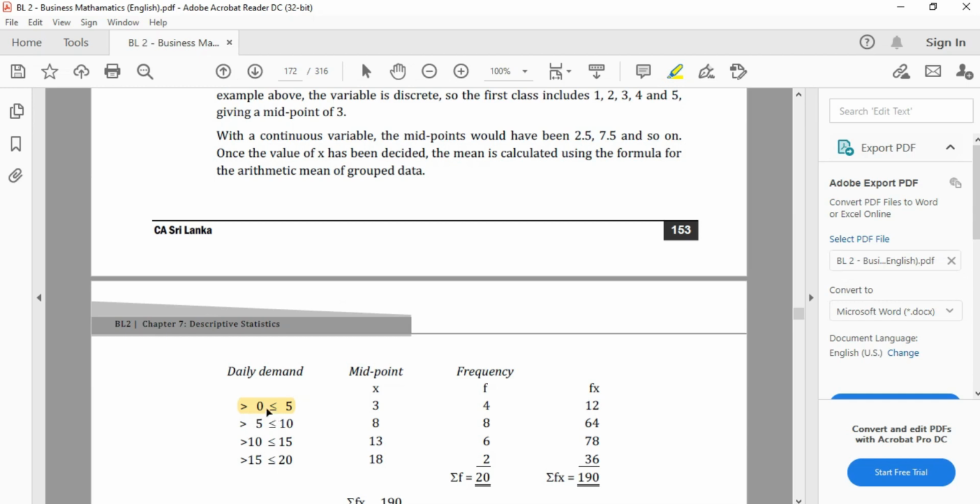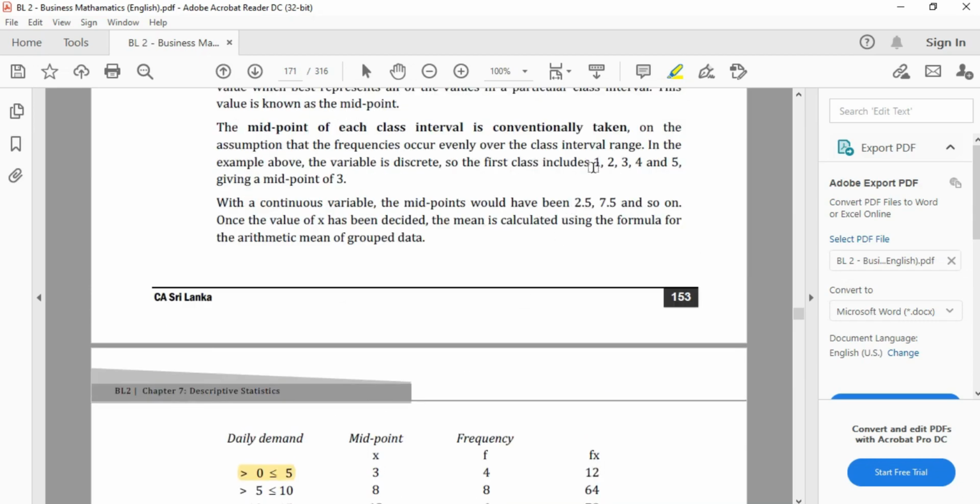That means not equal to 0 because it's just having only the greater than mark. It doesn't have the greater than or equal mark next to 0. Right? This side. It's only the greater than. Since it is only greater than, this class consists of the numbers 1, 2, 3, 4, 5.